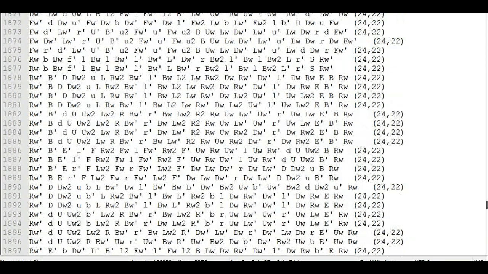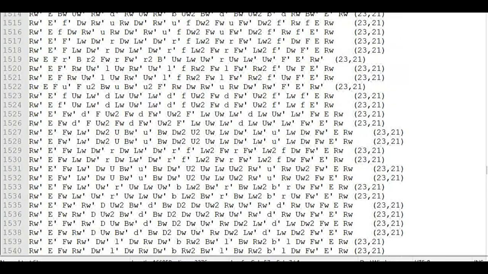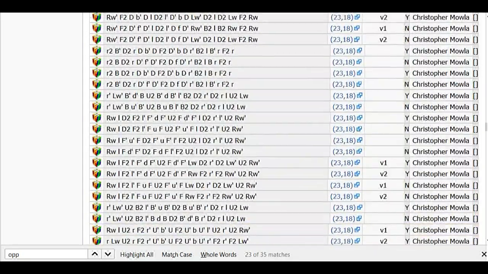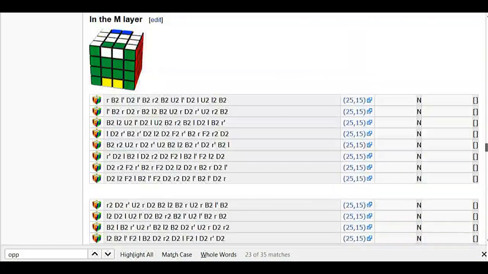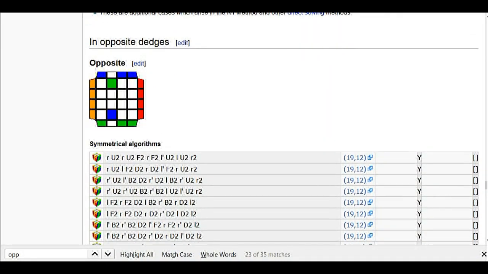My program rotated all of these algorithms so that they correspond. I know it's a lot of information, but I just really didn't know how to structure this video. But basically, for the opposite case, all the algorithms listed in the text file, like the one I just showed for the single Dutch flip, they're all rotated in the last layer to be exactly in this position so that you can use any one of them to solve this exact case image.